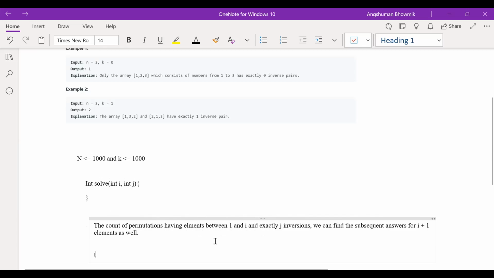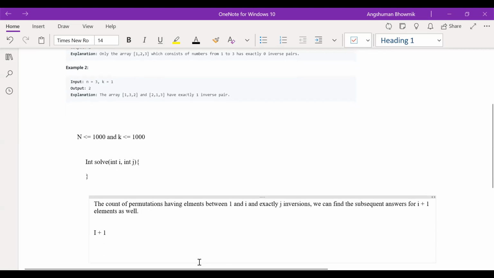As soon as we introduce the I plus 1th element, it becomes the largest in the current set of elements that we have. So what all possible choices are there to place the I plus 1th element? We can either place it at the end of the array, that is our initial permutation, and the I plus 1th element.